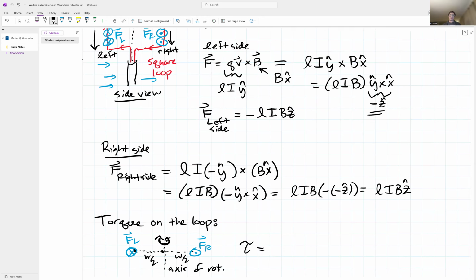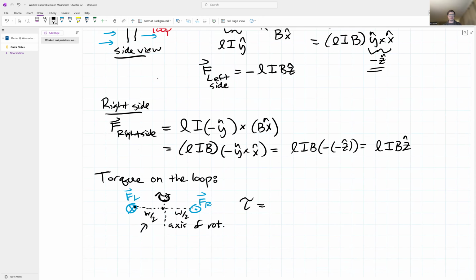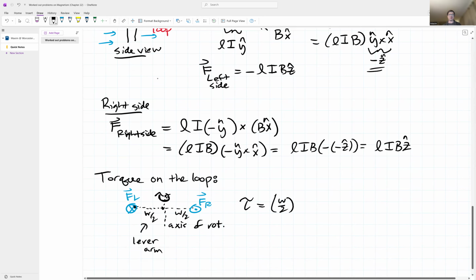It's just going to be the lever arm, the distance, and the lever arm here is just W over 2. These are like the lever arms. So it's the lever arm W over 2 times the force. Sometimes there's an angle between the lever arm and the direction of the force, but here the lever arm is perpendicular to the force, right?